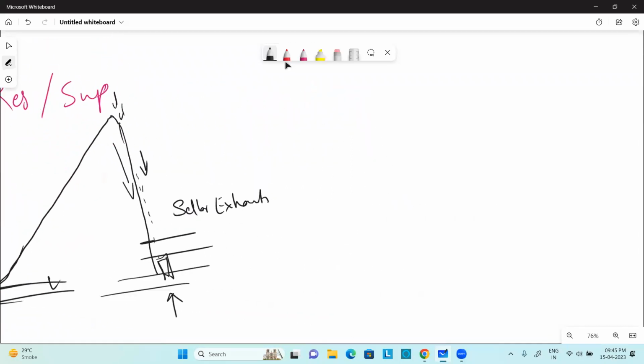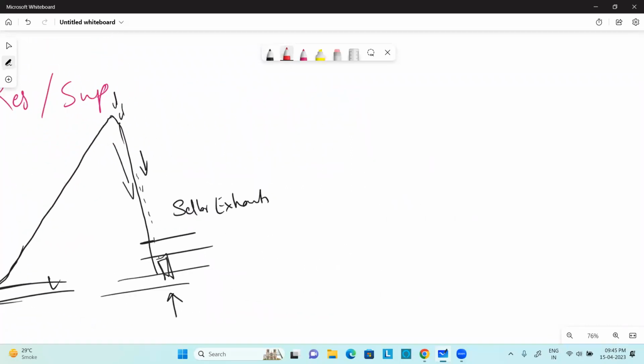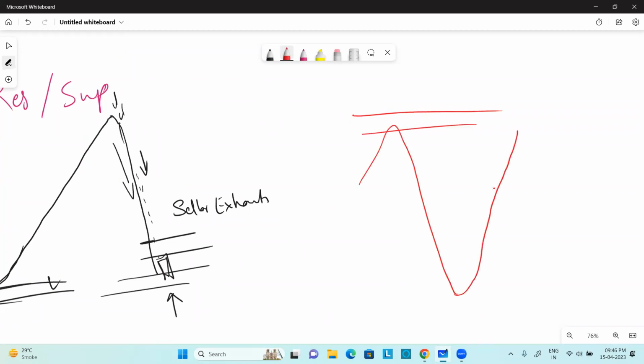The same way, there will be a resistance. From there price started to fall, and after a long time it tried to go here, and here you can see a gap up at resistance. There is a gap, उसको बोलते हैं एग्जॉशन गैप. कौन एग्जॉशन हो गया इधर, बायर एग्जॉशन.